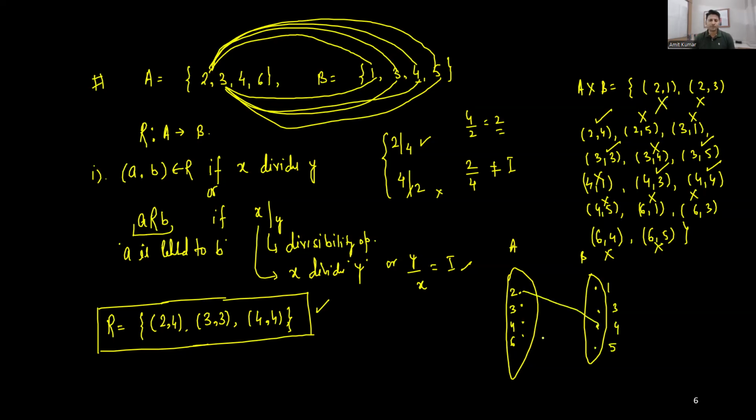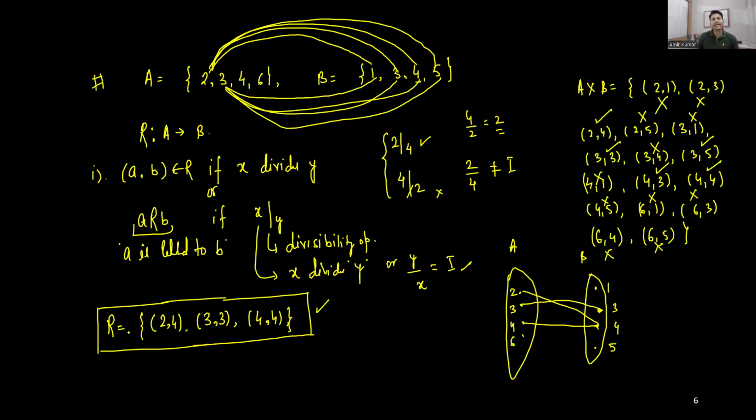So 2 comma 4 should be there. 3 comma 3 is there, yes. So it should be there. 4 comma 4 is there, yes. It should be there. So these are the three relations we are having from set A to set B, which satisfy the operation of divisibility.